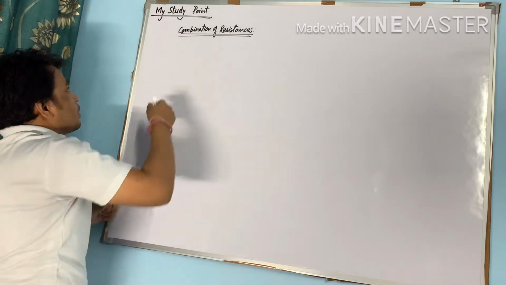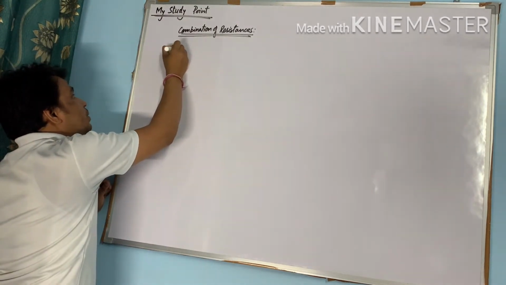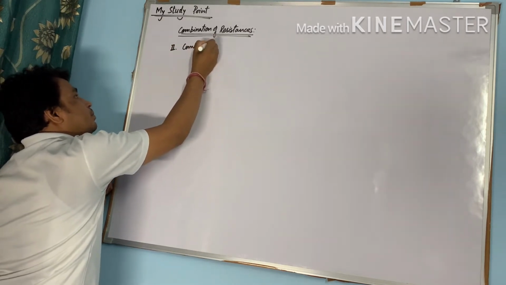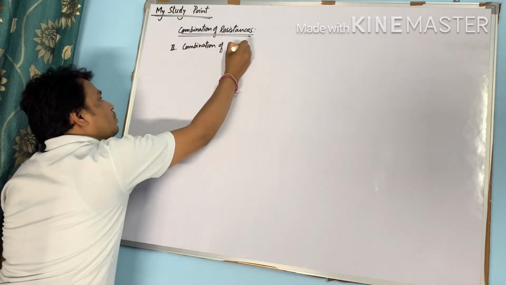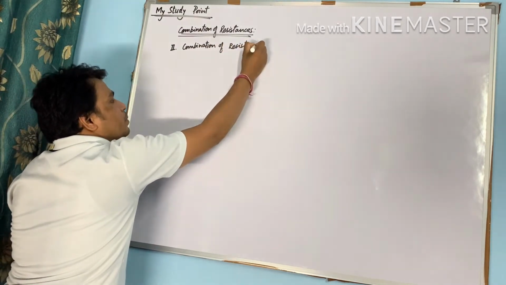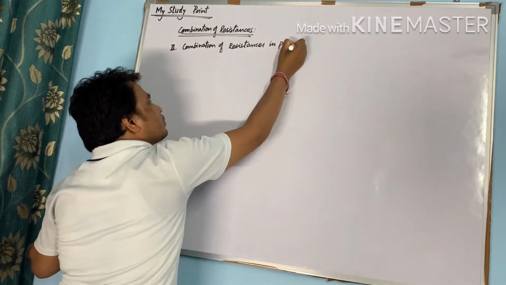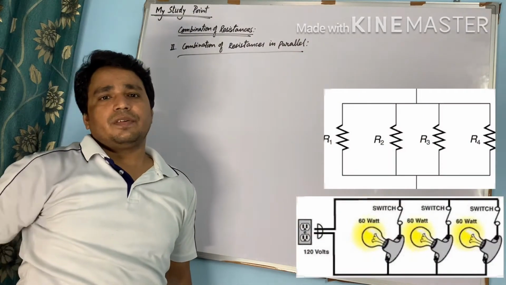The second one is combination of resistances in parallel. So what is combination of resistances in parallel?